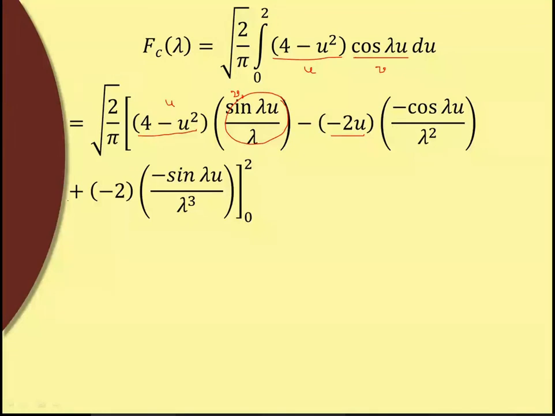Next term will be plus the derivative of this term, which is -2, times the integration of -cos, which is -sin(λu) divided by λ³. Minus the next term would be the derivative of this, but the derivative of -2 is 0, so the next term will not come. The rest of the terms will be 0.